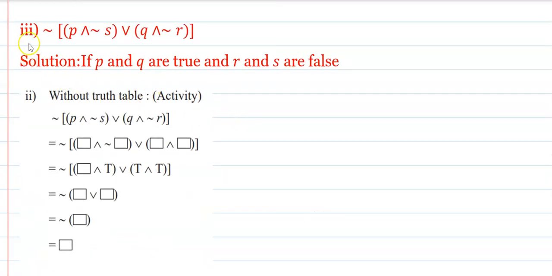Next, the third one. Again, P and Q are true, R and S are false.